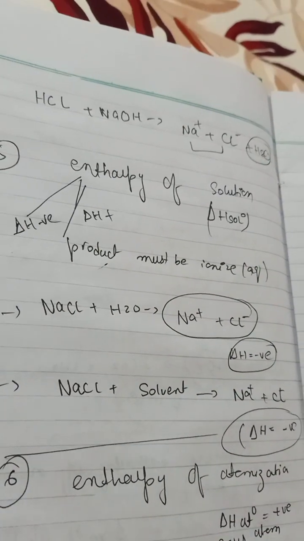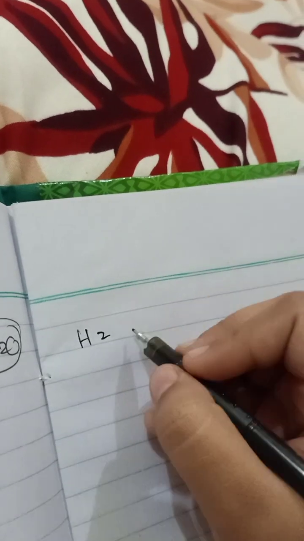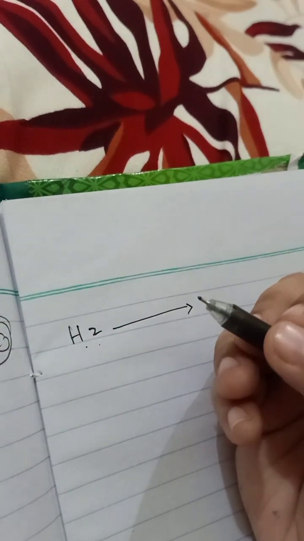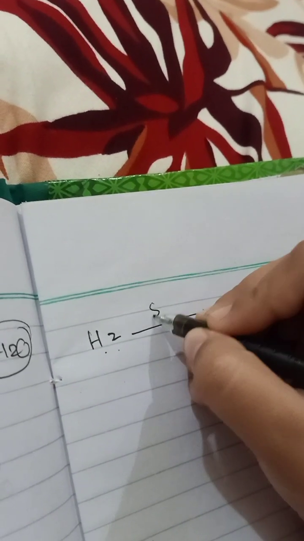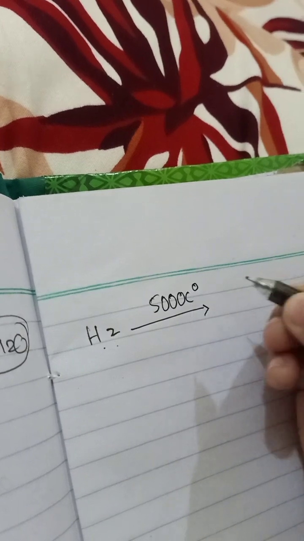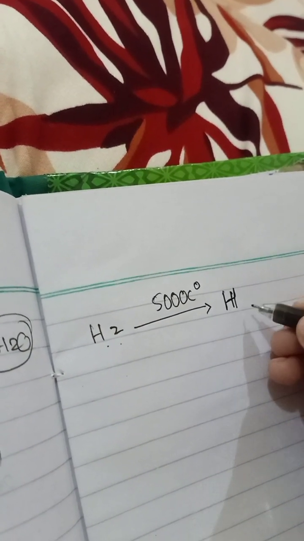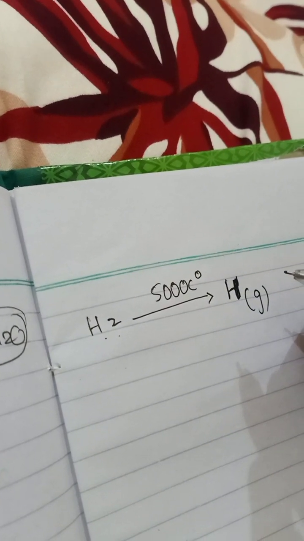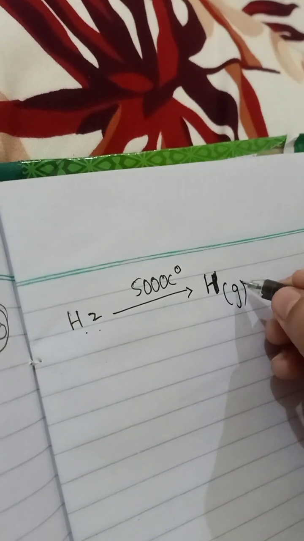How? Let's see. For example, I have hydrogen in the molecule form, the diatomic form. I'm giving heat, and it changes into the gaseous product, the gaseous atom.